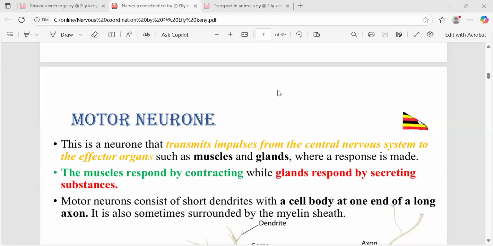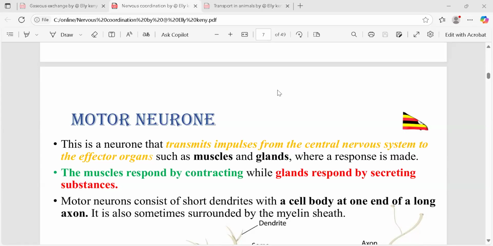When it reached the central nervous system, it was sent to the brain for interpretation, and then the information was sent to the effectors through the motor neuron. The effectors were the lungs, for example, which increased breathing. Maybe the effectors were the heart muscles that increased the heartbeat.